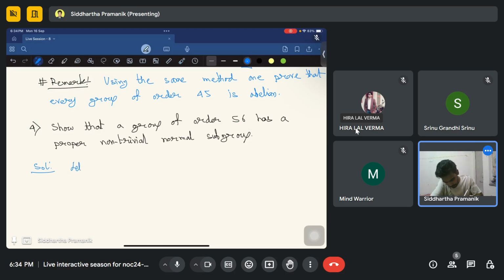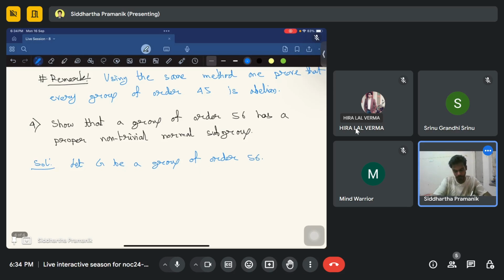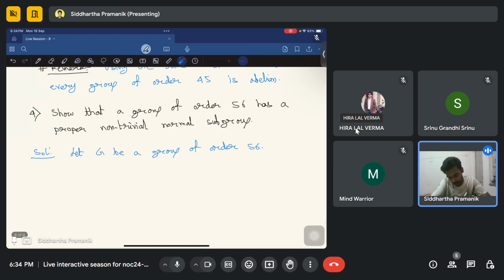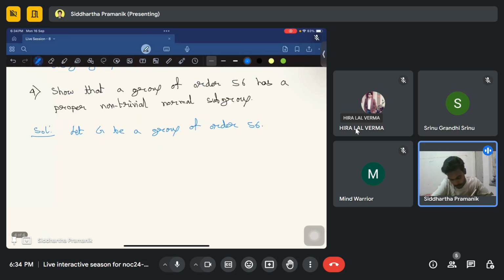So let G be a group of order 56. So proper means proper subset and non-trivial means non-identity. I hope you are well aware of the terminologies. As we are using the Sylow theorems, we need to find the prime factorization again.